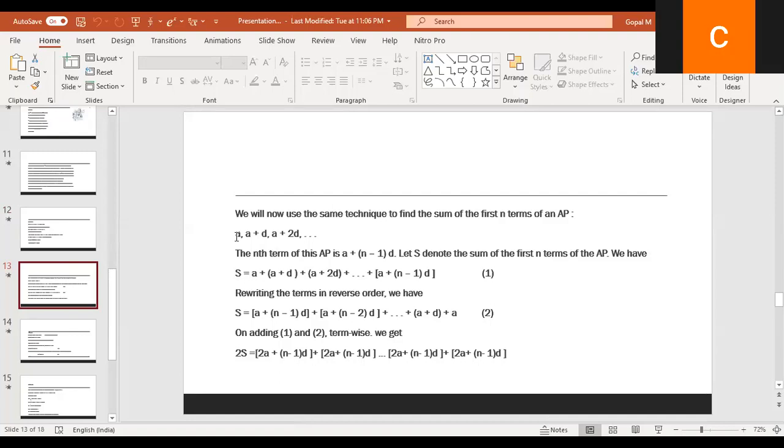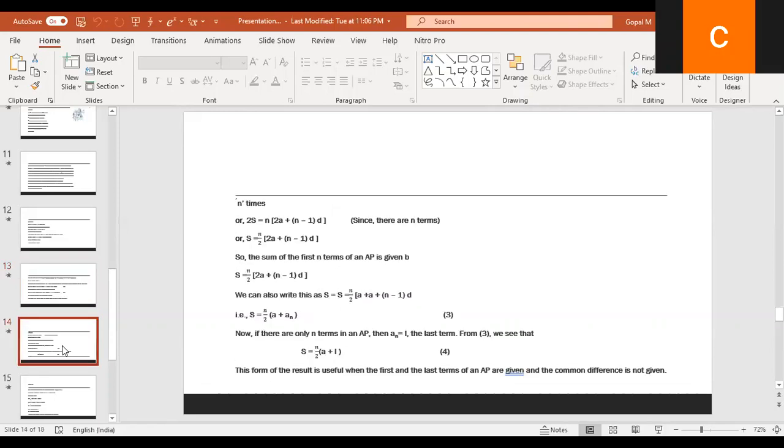Madan, are you there? Yes, Ranjani? Yes, ma'am. The formula is S is equal to n by 2 into 2a plus n minus 1 into d. Very good. Where is Madan?